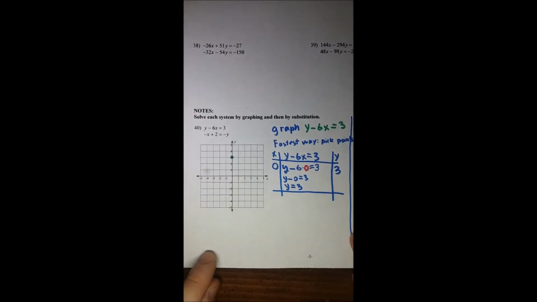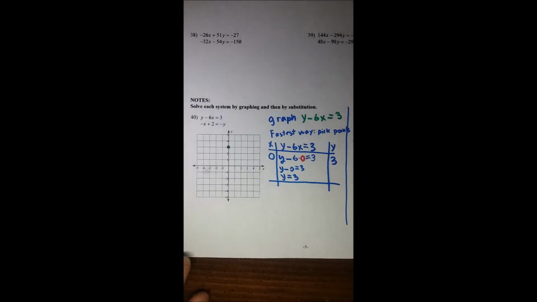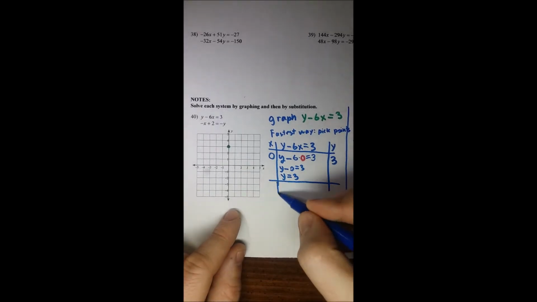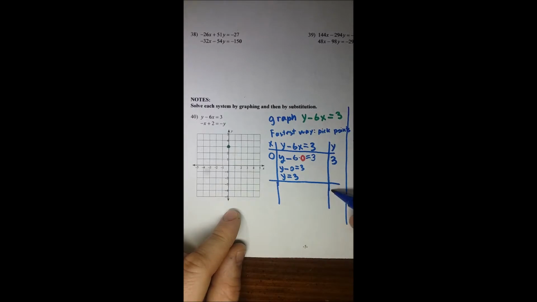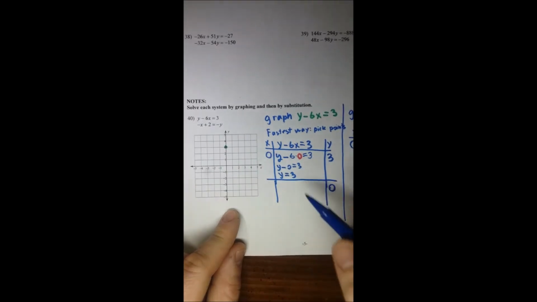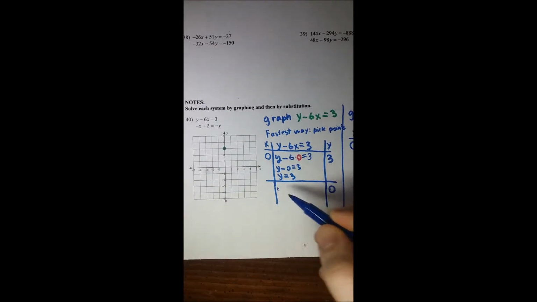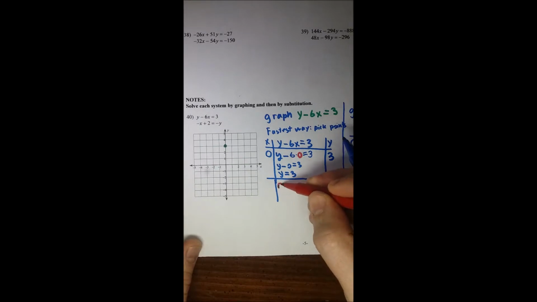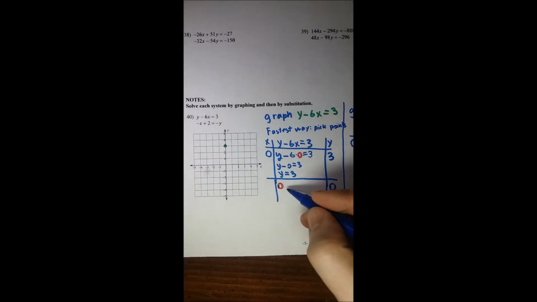Now, we're going to do the same thing, but in this case, you can actually pick x to be 1 or something. I would say, let's pick y to be 0 next. So I'm going to put y is 0. Look at this, y is 0. And what will be x? It's 0 minus 6x equals 3.